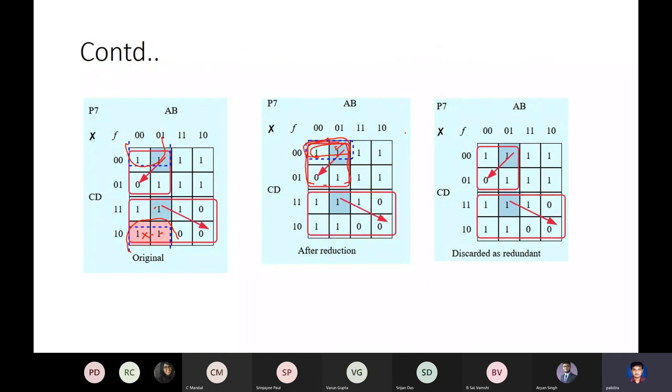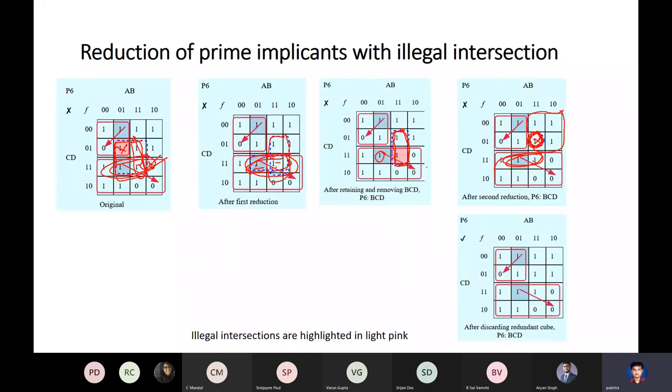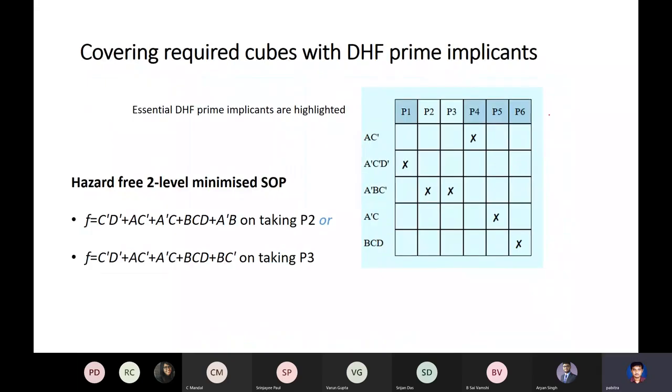So that way we have this BCD, and this one is already covered, redundant. So we have AC prime, BCD. These two were anyway prime implicants and hazard free, so they were DHF. This one originally contained a hazard, but we reduced it and were left with this much after removing the redundant part.